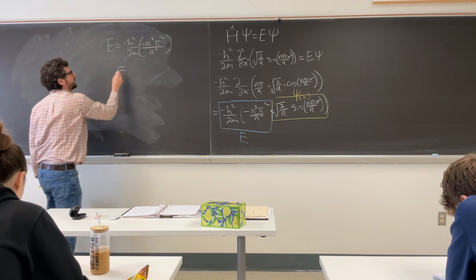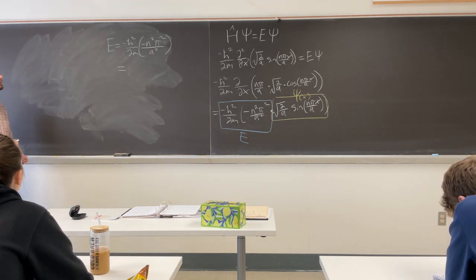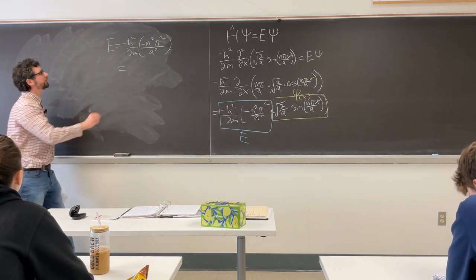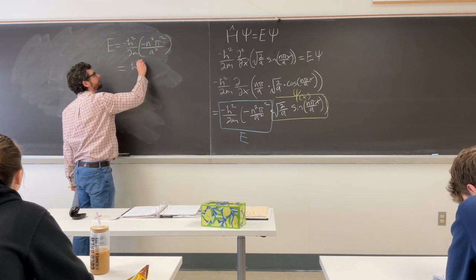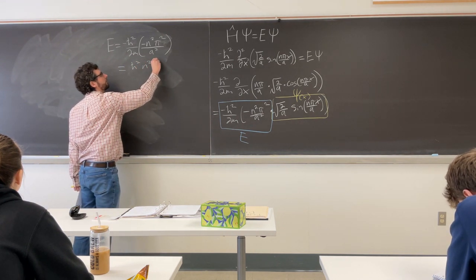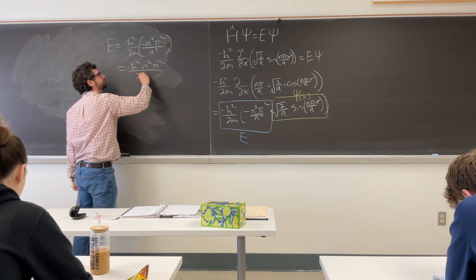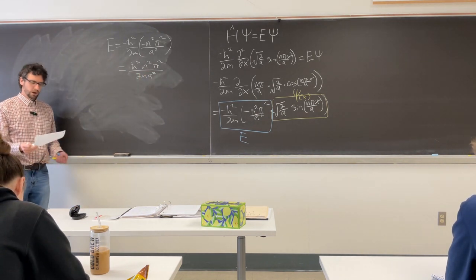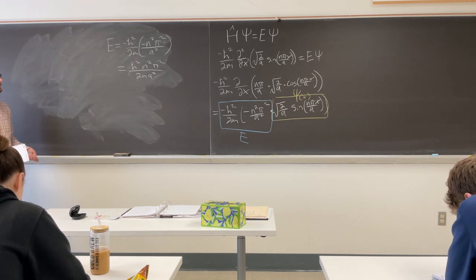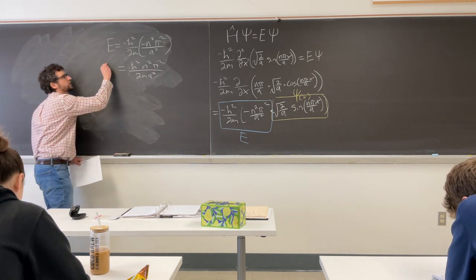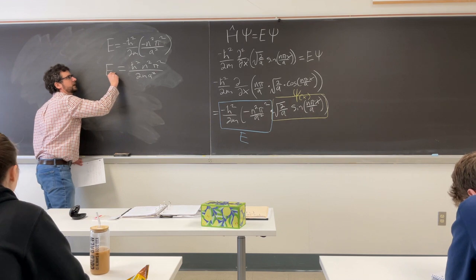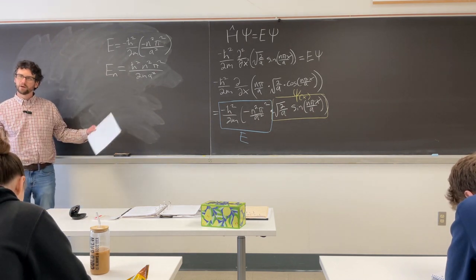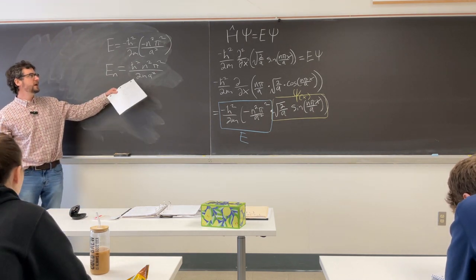Can you simplify that a bit more for me? And, yep. All right, perfect. So this is the energy expression, and a lot of times you'll see a sub n there, where what things can you change in this?